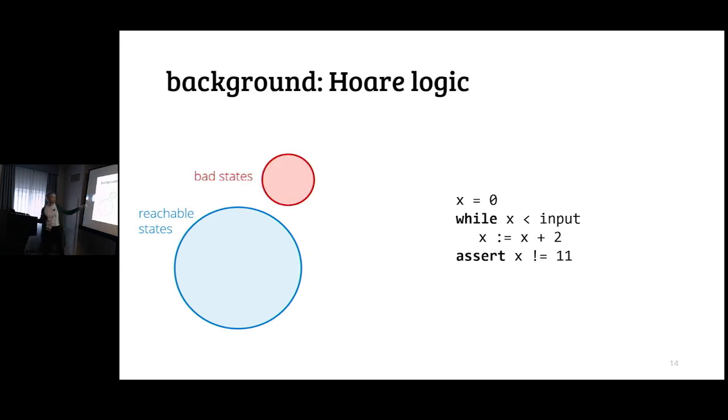And then you can look at all the bad states that you don't want, then you can prove that they don't intersect, and then the program's correct, right? So in this little while loop that I wrote on the right, we can say that x can only be even after this while loop, right? No matter how many times it iterates. But the bad state is that x is 11, and 11 is not even, so they don't intersect.